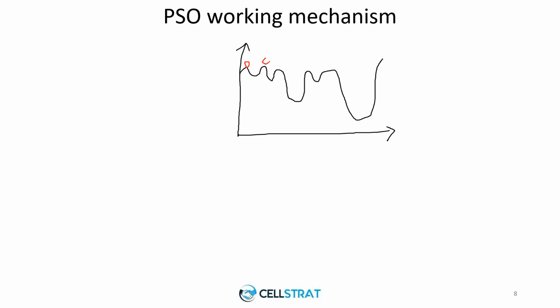You will be accompanied by a few of your friends, and all of you will not be starting at the same point. You will be scattered at different points. Let's say you were airdropped into this landscape at different points. Now you will have a measuring device as well as a communication device.